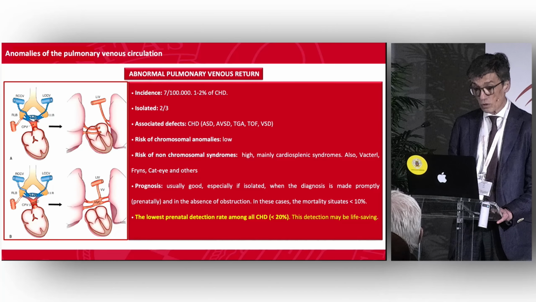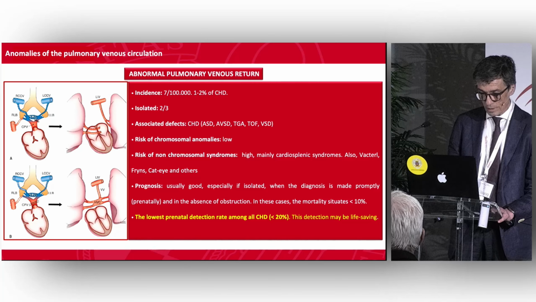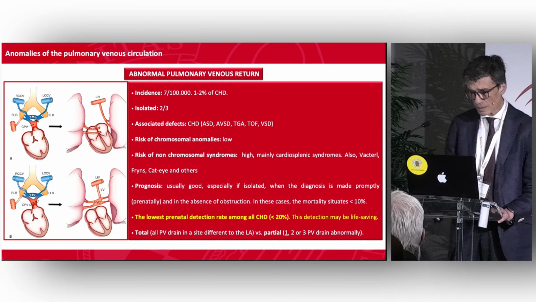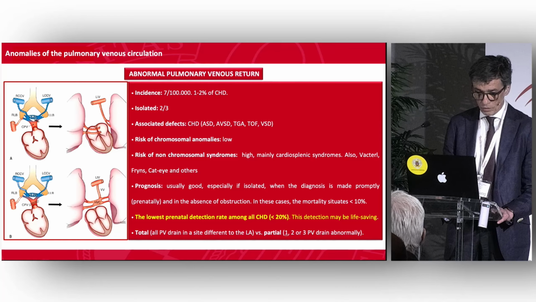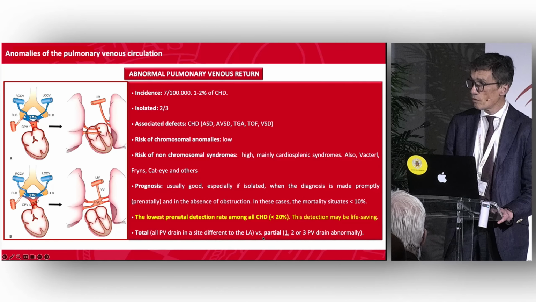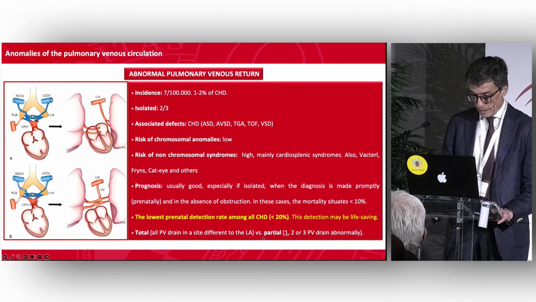They are not as common as others that we have talked about today, but they are very important to diagnose prenatally. There are mainly two types of abnormal pulmonary venous return: totally abnormal, where all pulmonary veins drain somewhere other than the left atrium, or partial, where 1, 2, or 3 pulmonary veins do not drain into the left atrium.